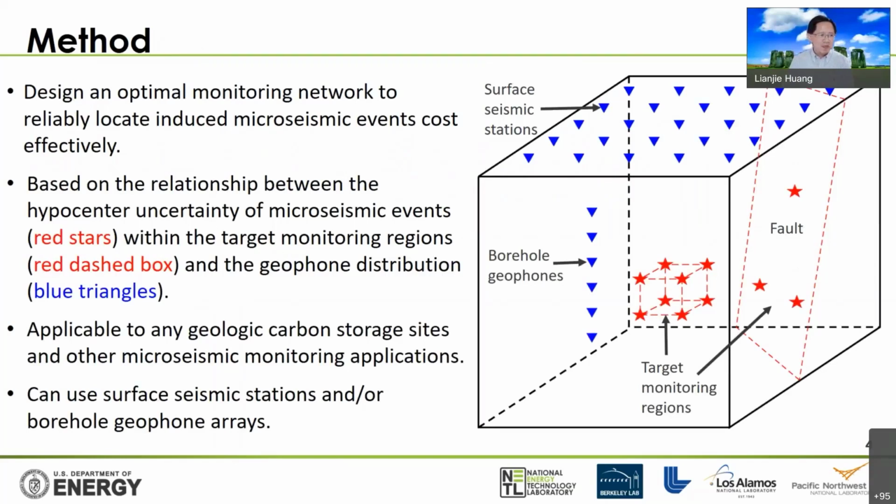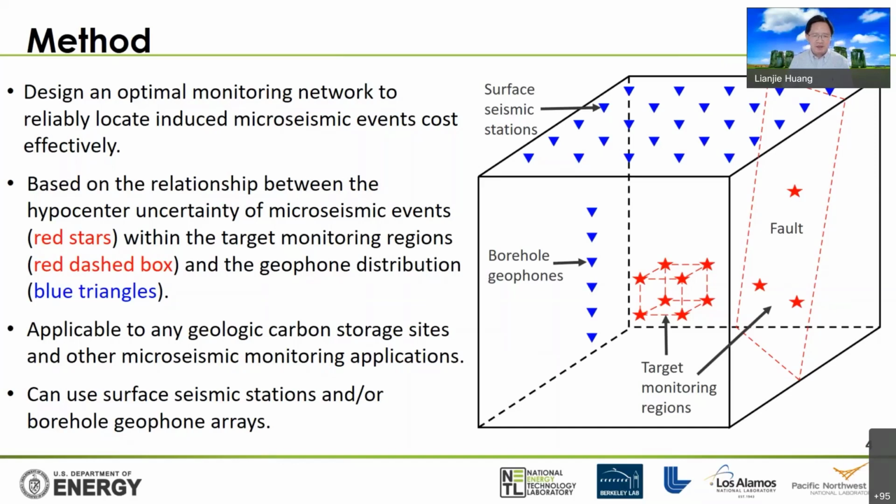In this example, we want to understand the relationship between the microseismic event locations within the target monitoring region and the geophone distribution. Here, this is a surface design area, and the blue triangles are surface seismic stations. These are borehole geophones, which can be multiple boreholes or one borehole.